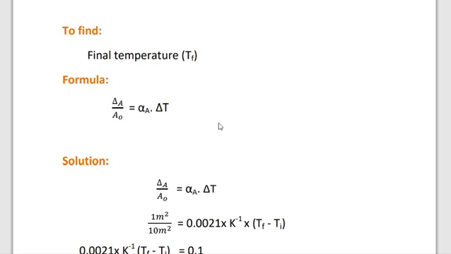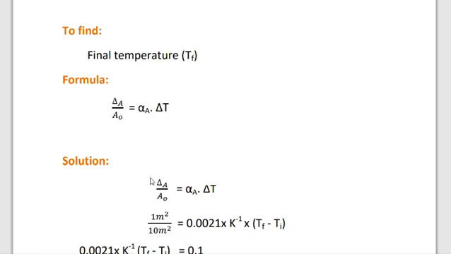So we calculate TF. But we know the formula. Superficial or areal expansion: that formula is del A by AO is equal to alpha A into delta T. What is superficial or areal expansion?